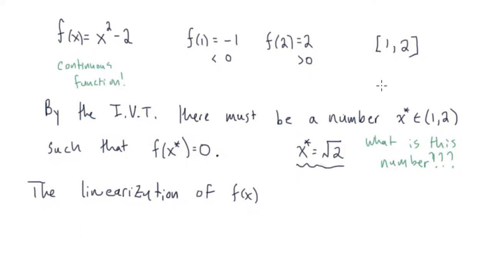And so let's actually do it just at x equals 1. So the linearization at x equals 1 is given by what? Well, it's f prime of 1 times x minus 1 plus f of 1. Okay, so f prime is 2x. We plug in 1, we get 2.